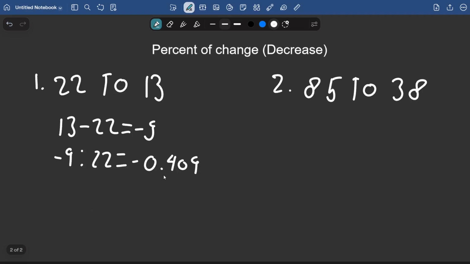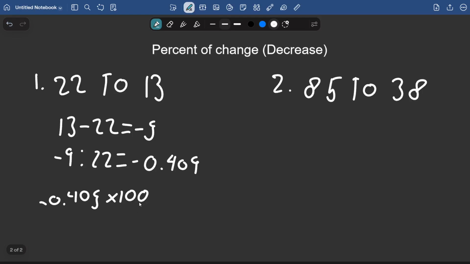This isn't our percentage yet, because now we've created the decimal number of the change, but we need the percentage. So we take the decimal number, 0.409, and we times it by 100.